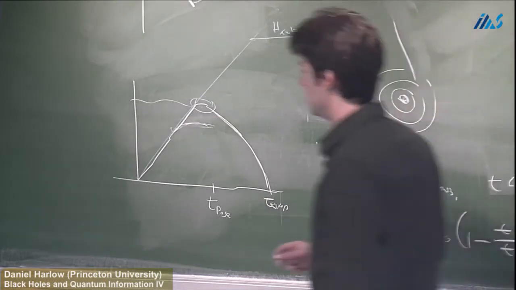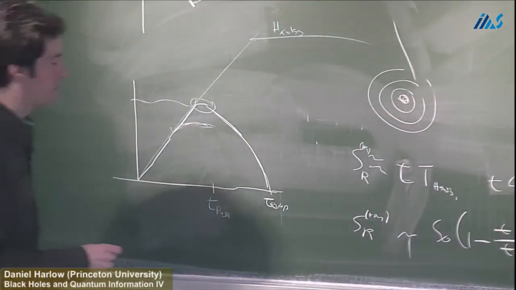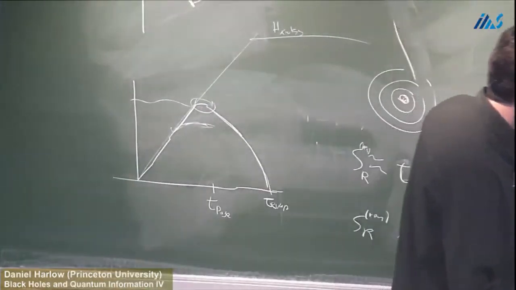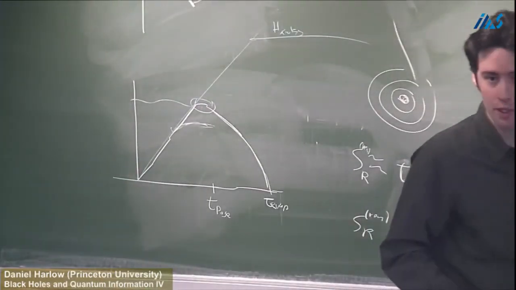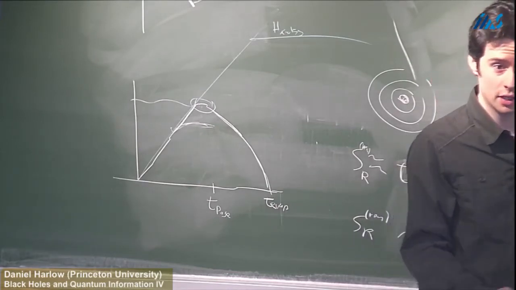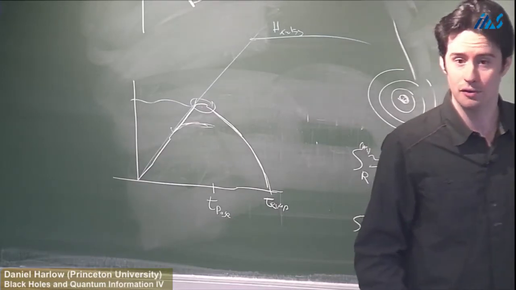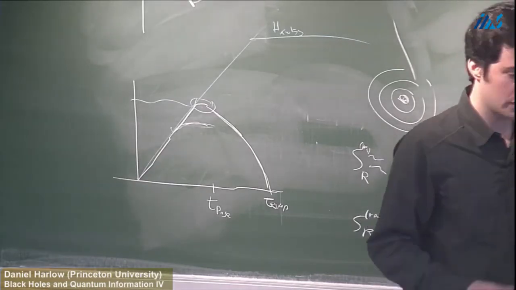The reason is that we usually think of the black hole as being a scrambling system, so that if you send in something special in the initial conditions, it won't necessarily look very special from the point of view of what comes out.